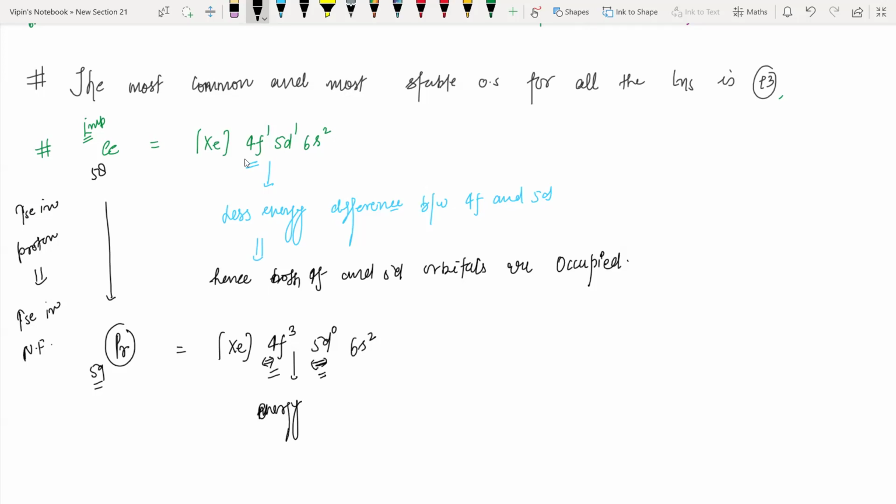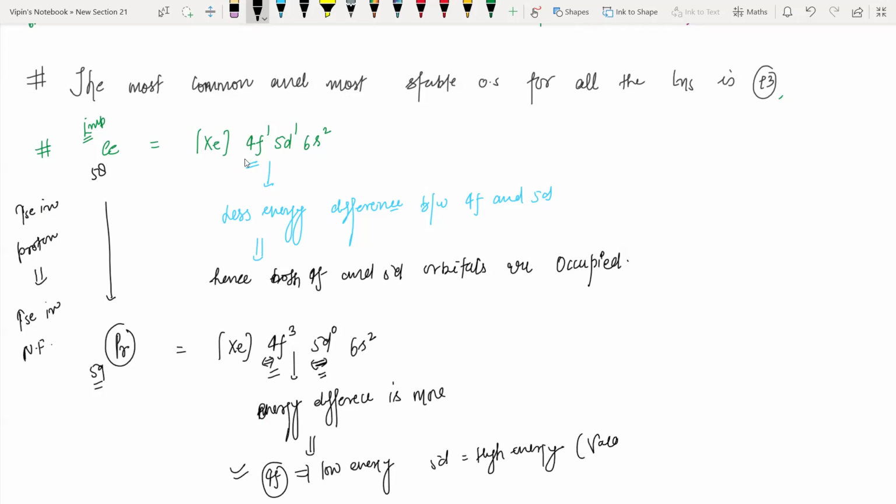So we can say that the energy difference is more, that is, the 4f orbital has much lower energy as compared to the 5d orbital, which has high energy. Therefore, this orbital is occupied and this orbital is vacant.